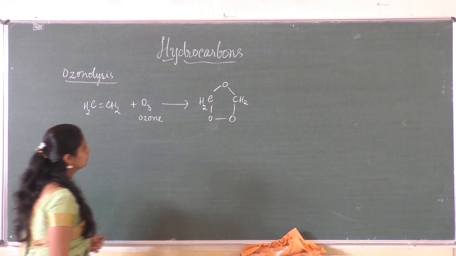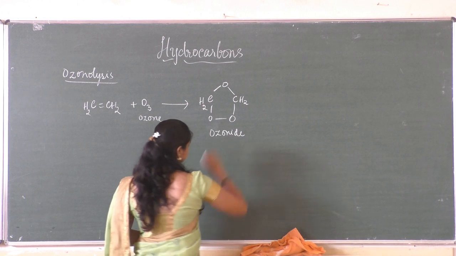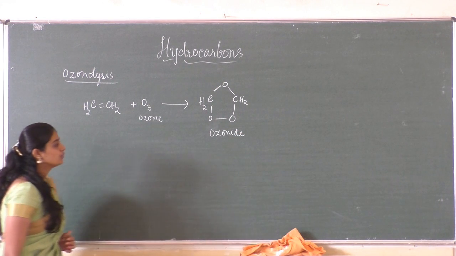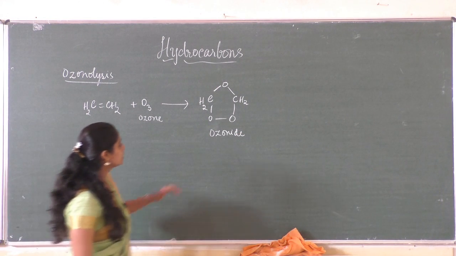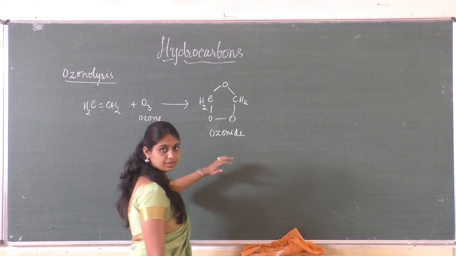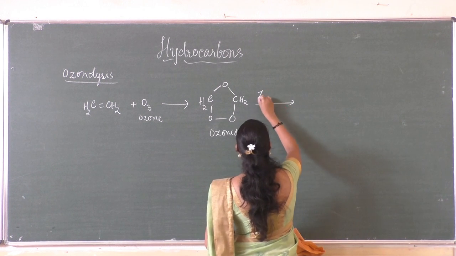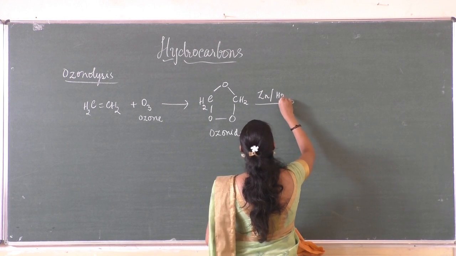So this name is ozonide. When this ozonide is treated with zinc in the presence of water, cleavage of the ozonide takes place so as to form aldehydes and ketones. So reduction occurs there, Zn and H2O.